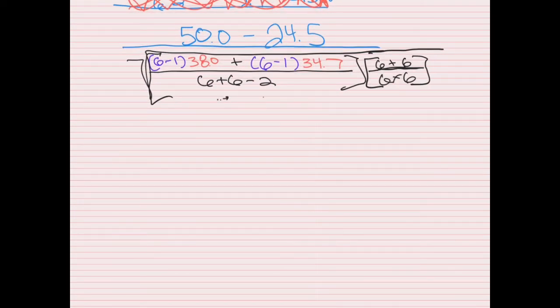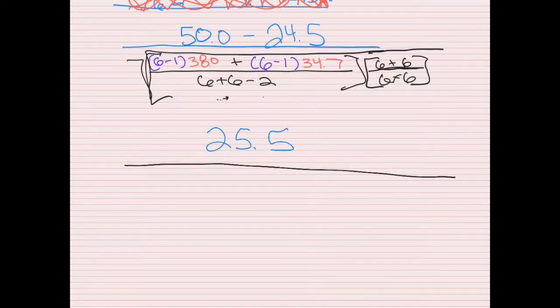Okay, so 50 minus 24.5 can easily be found to be 25.5. So yay, the numerator's done. Not too bad there. All right, remember our big fat square root. And 6 minus 1 is 5, right?